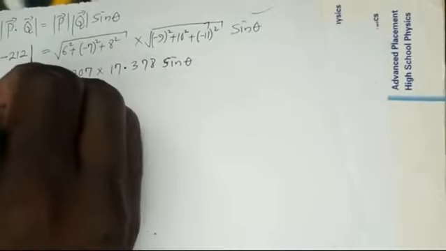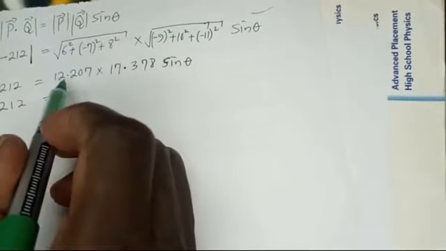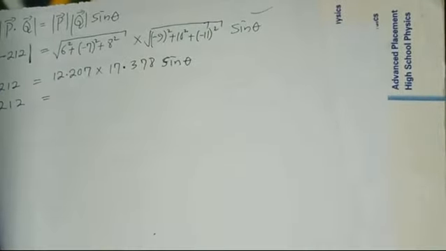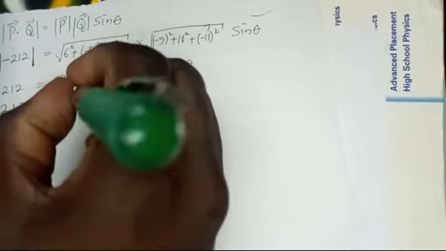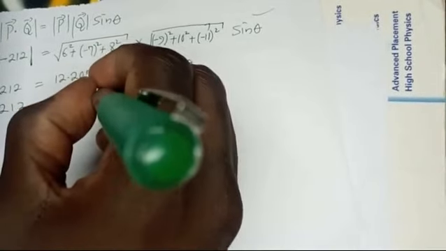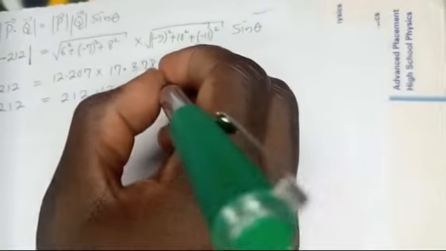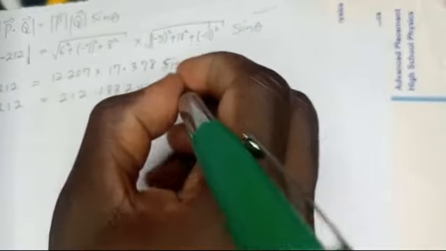So 212 equals 12.207 multiplied by 17.378, which gives 212.133246 sine theta.